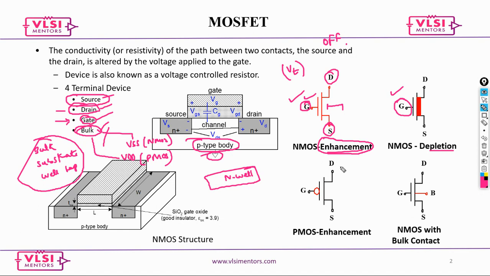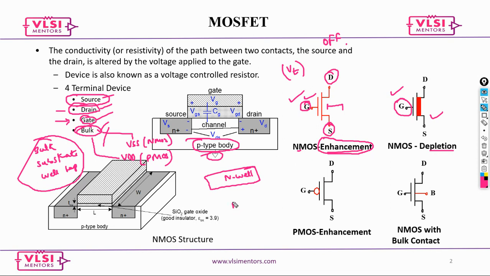It is not like by default you let things be on and you control it whenever you want. Not that way. Whenever you want it, at that time you turn it on. This is the kind of device that we actually prefer.